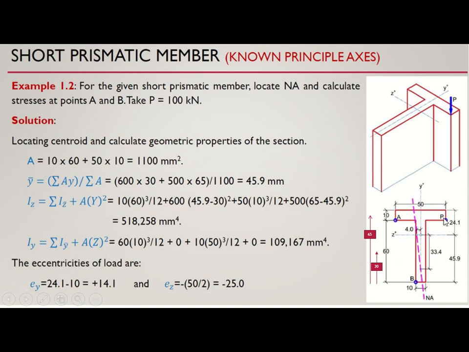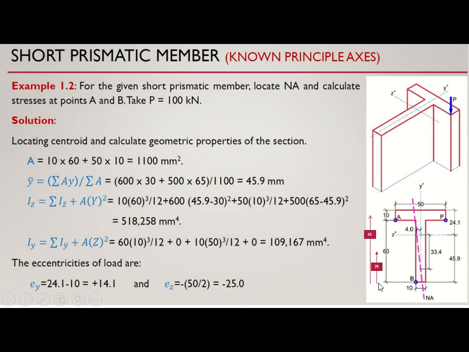The area of the first body, 60 into 10, 600, multiplied by 30. What is 30? 30 is the distance. Now, if we can see, this is 10 into 60, 600.